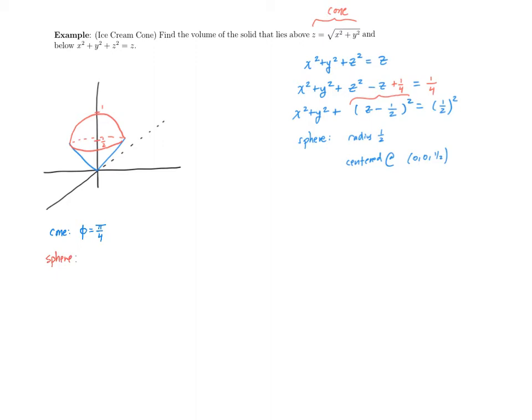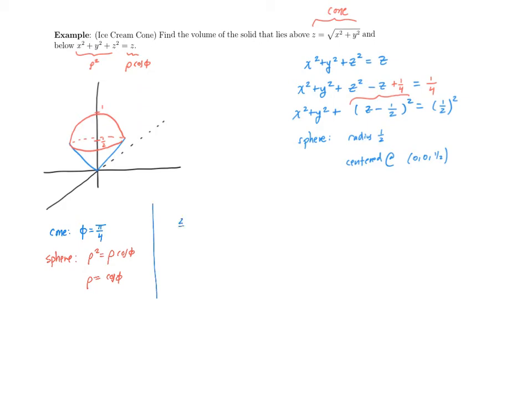If I'd like to convert the equation of this sphere into spherical coordinates, note the left-hand side is rho squared, and the right-hand side is rho cosine phi. And if rho squared is equal to rho cosine phi, then rho would be equal to cosine phi.